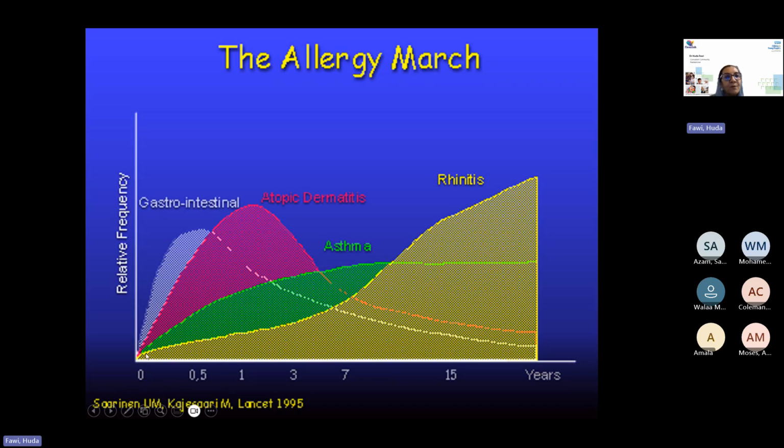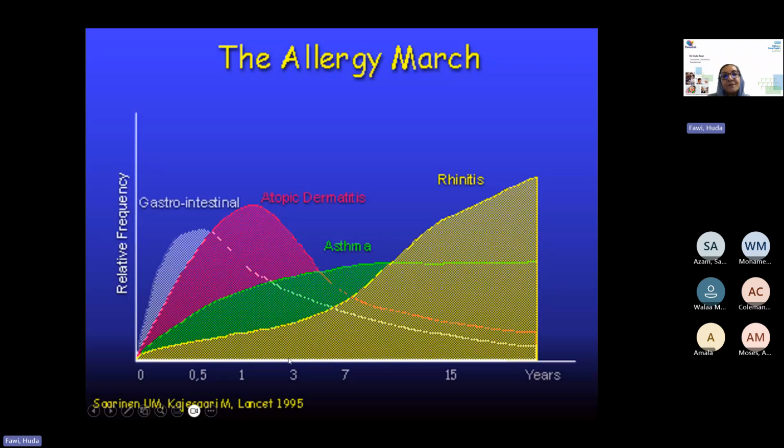They're dependent on milk, then their food is introduced. So food allergies do present early on. And then eczema, so that presents after birth, say a few weeks after birth until they grow older. And then asthma, and then rhinitis.